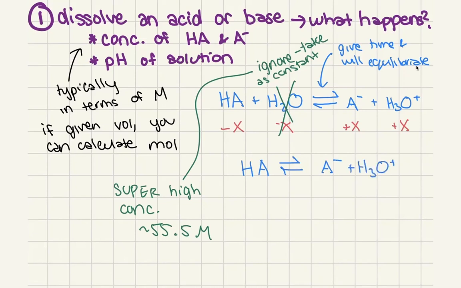Okay, so that's going to be our equilibrium reaction. And remember, for any reaction that's at equilibrium, we can write a Keq equation, which is equal to our products over our reactants.